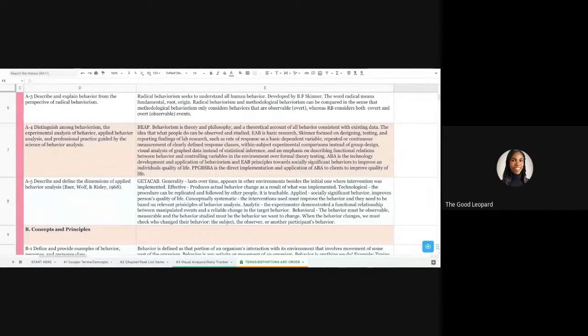GET CAB is an acronym you can use for all the dimensions. There are 7. The first one is generality. This means it lasts over time. Not only lasts over time, but it also appears in other environments that you did not initially implement the intervention at.